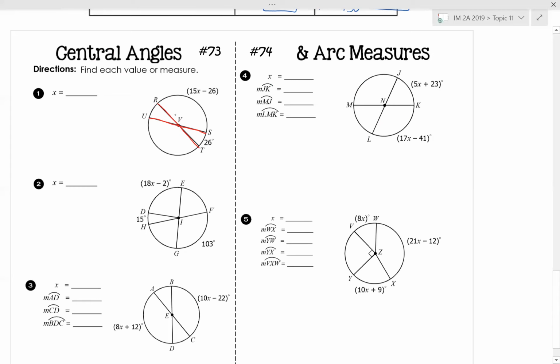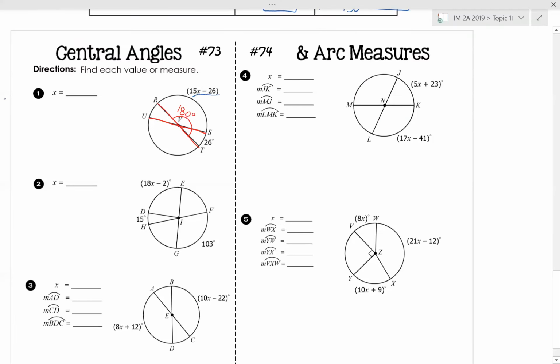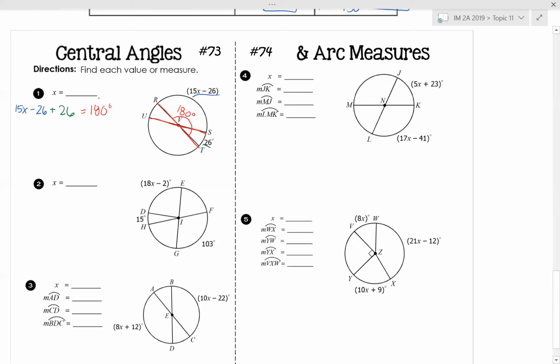Okay. So what I can do to solve this problem then is use that idea. So I know that this first arc, RS, is 15x minus 26. So that means that 15x minus 26 plus the arc ST, which is just 26, I know that that has to be 180 because I've got a diameter.